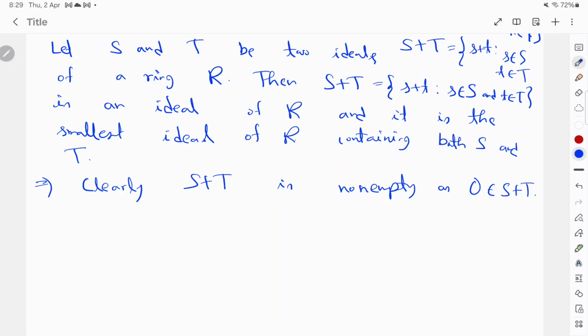Now first, before the ideal also you have to prove the subring property, right? Subring means if you have two elements from that set, their difference will be in that set.